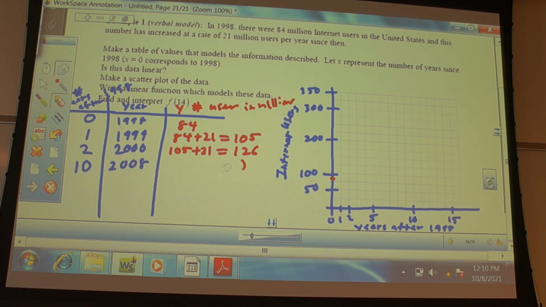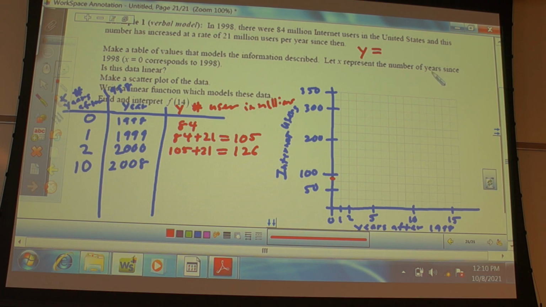So first, let's write a function that models the data. I'm just going to stick with y equals instead of f of x for now. You guys all right with that part? Yeah. Y equals. What's my rate of change? What's my m? Everybody write down what you think the m is. It's mx plus b.